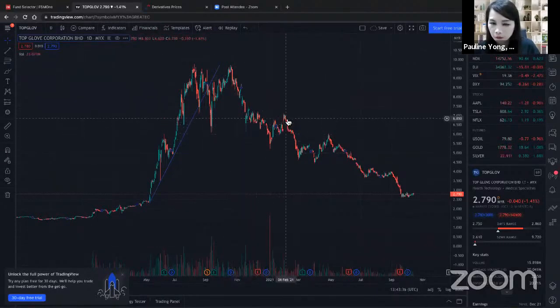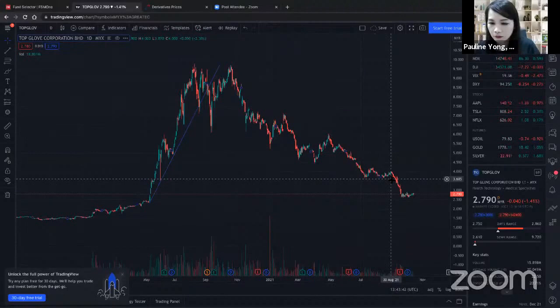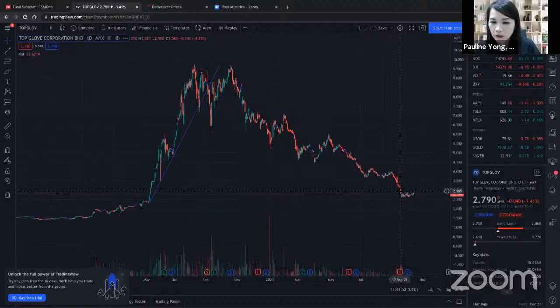So I put this as wave number 1. And then I start from here, 1, 2, 3, 4, 5, and then I put a wave number 3 here. Okay, 1, 2, 3, 4, 5, so that my wave number 4 did not touch my wave number 1.